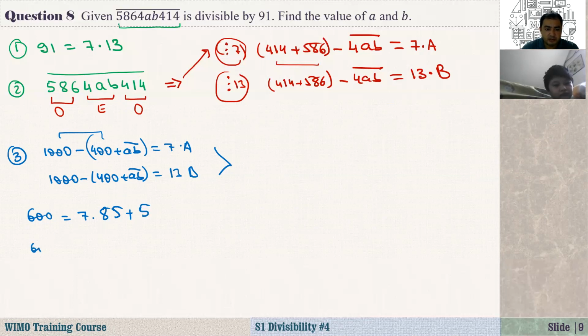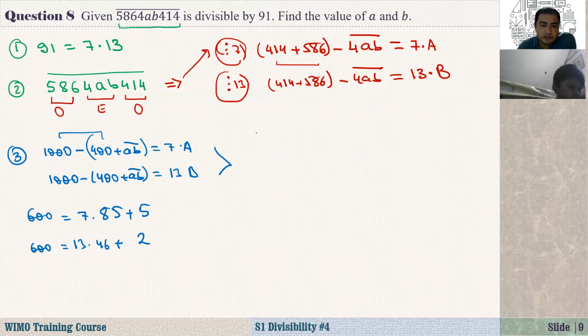And how about 13? 600 divided by 13 is 46, so it's 13 times 46 plus 2.